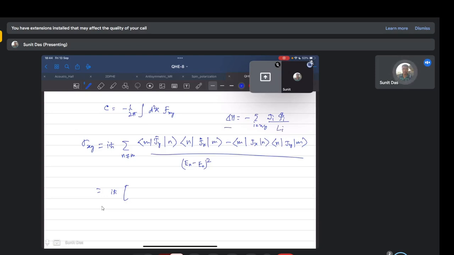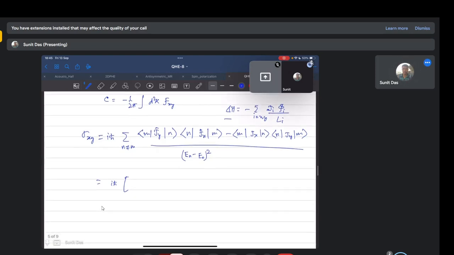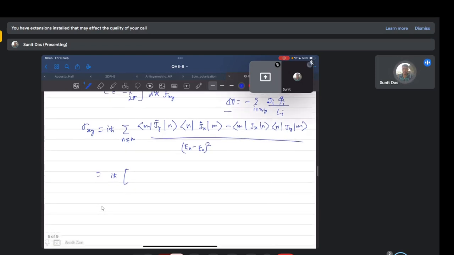So assuming this as a kind of perturbation, and writing things in terms of, let's say, this delta H, where it is associated with j, phi, and L_i, we can actually write this term. The details of the derivation are given in the reference itself.